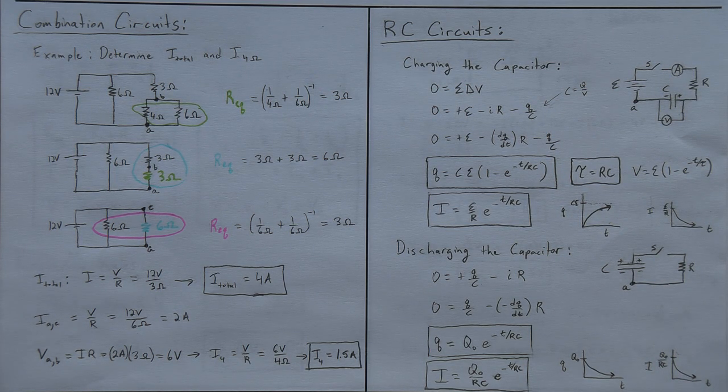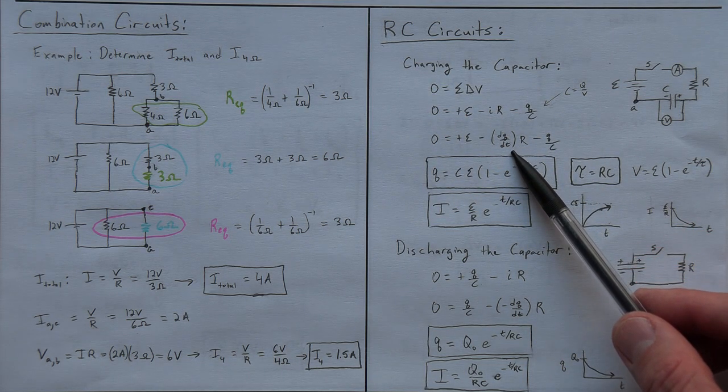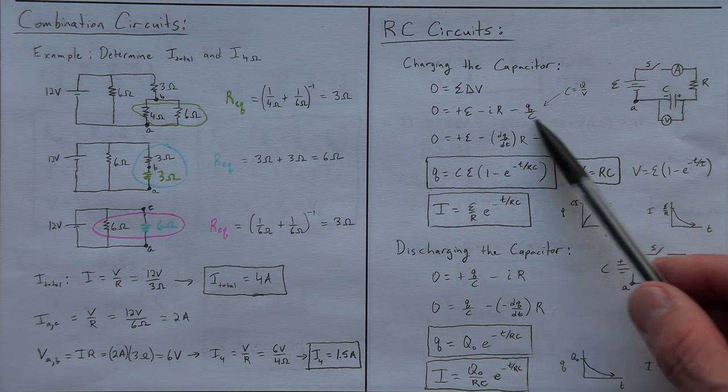A differential equation has a derivative in it. The way you get a derivative in there to make this a differential equation is you replace I with dq dt, the definition of current. So here's my differential equation.